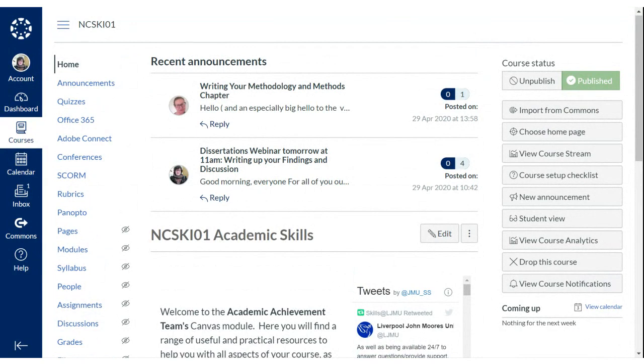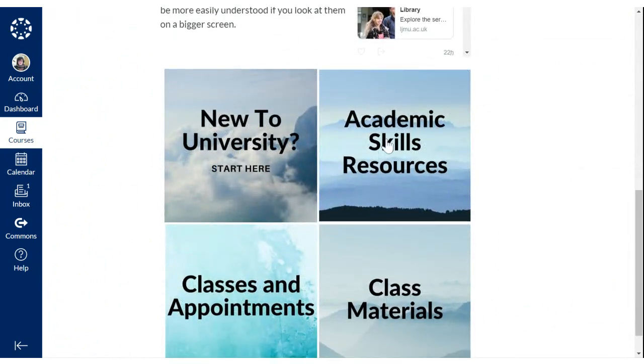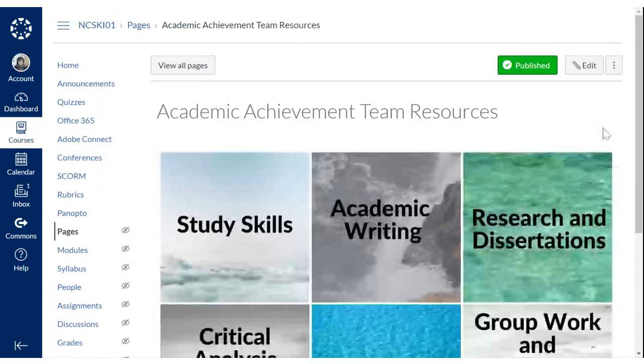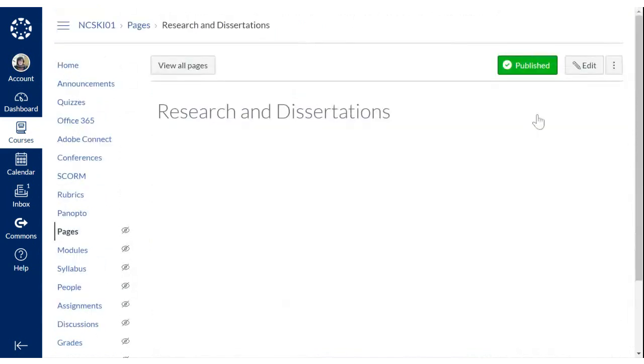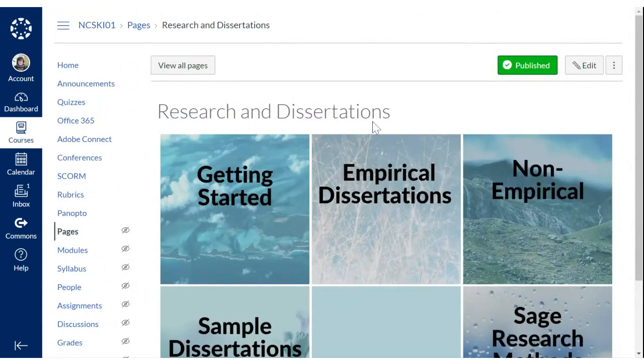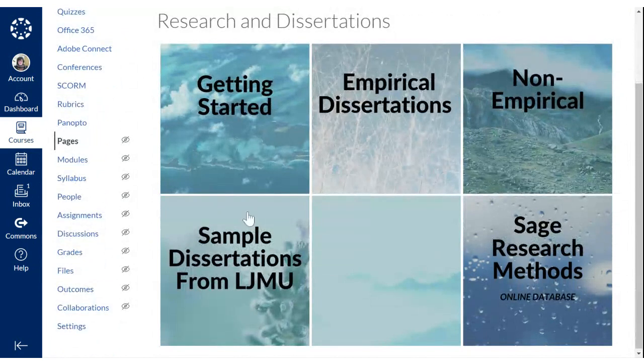If you go down, you see academic skills resources. Go in there. And then obviously we've got all sorts. Then go to research and dissertations. Okay. And again, we've got some resources here going over some key features. These are all PhD samples, but they can still give you an idea if you're not PhD of layout and how to maybe organize content pages and things like that.